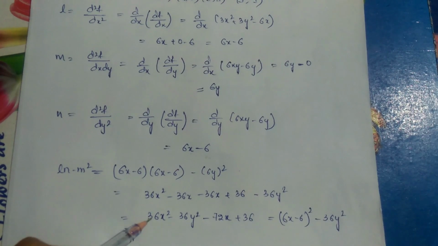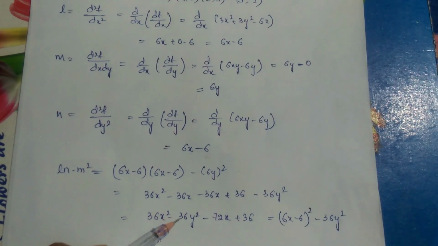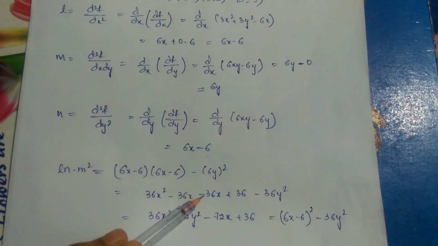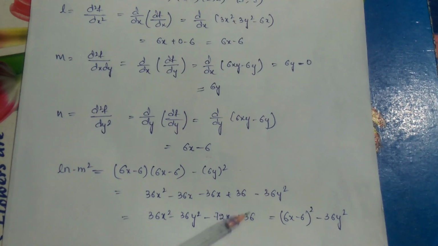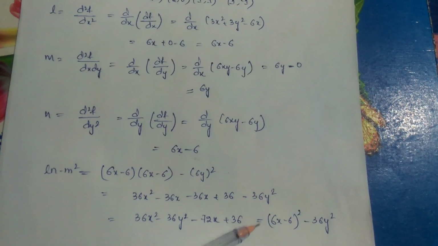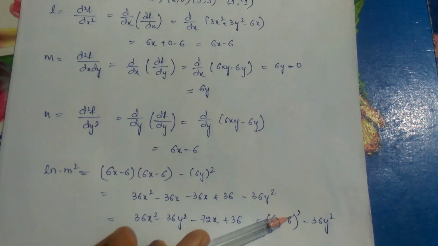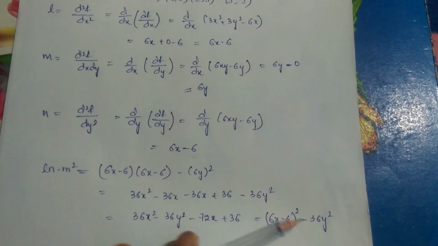So when you solve this, 36x square minus 36y square and minus 36x minus 36x, it comes as minus 72x plus 36. So this can be written as 6x minus 6 whole square minus 36y square.